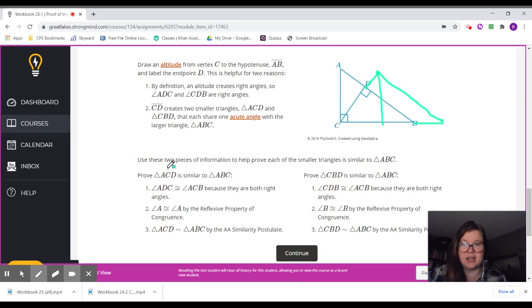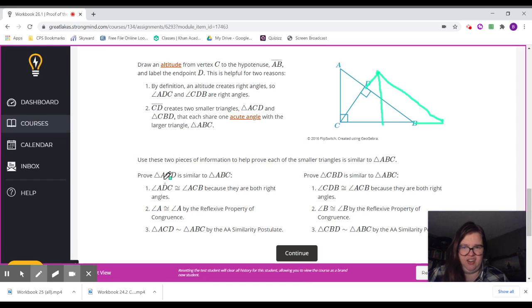So then we said that triangle ACD is similar to triangle ABC because they're both right. That's the proof of it. And so they started out by saying that the right angles are congruent because they're both right angles.